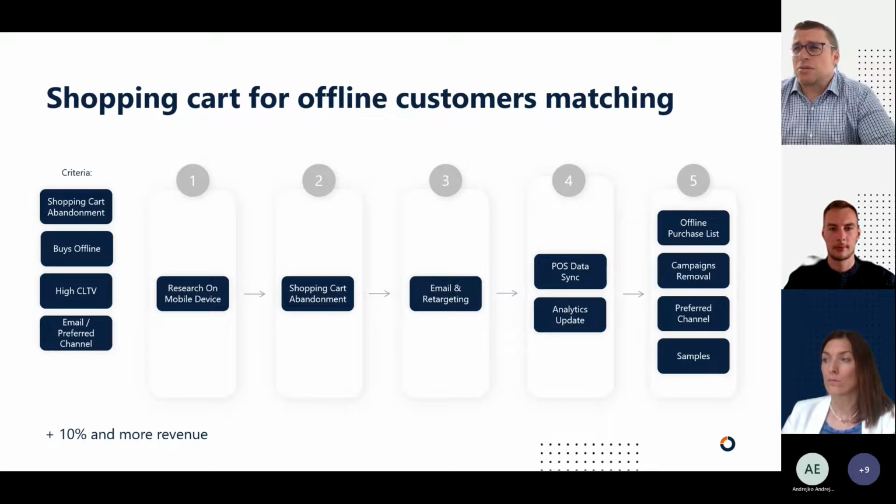I would say the most critical gap is usually in the interconnection between front end, online and offline data.